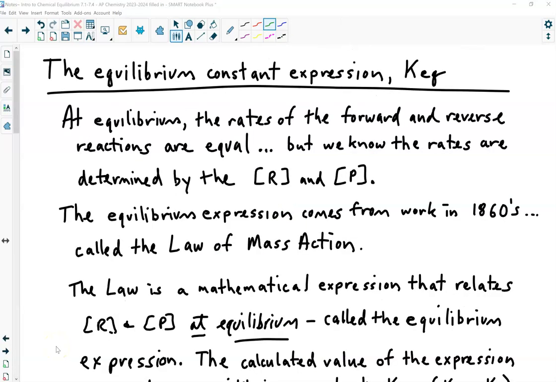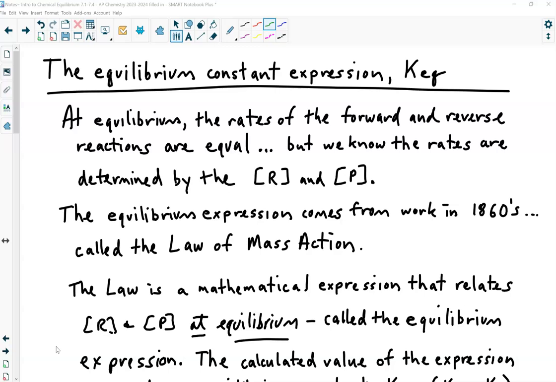So we've said that at equilibrium, the rates of the forward and reverse reactions are equal. But when we think about kinetics, aren't the rates somehow tied to the actual concentration at any moment? Right, so there's a little bit of a tie here between kinetics and equilibrium. We're saying that the rates become equal, but the rates depend on the concentrations.